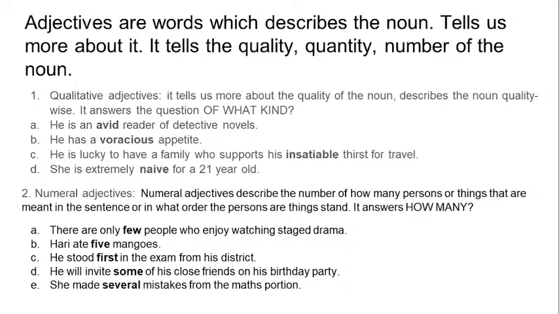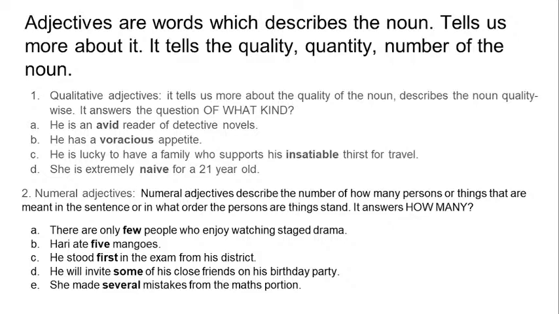So avid means someone who is very enthusiastic and eager to do something, someone who does any task very wholeheartedly and lively, like that person is not forced to do that particular task. So what kind of a reader is he? He is an avid reader. So that means he is an enthusiastic reader of detective novels.